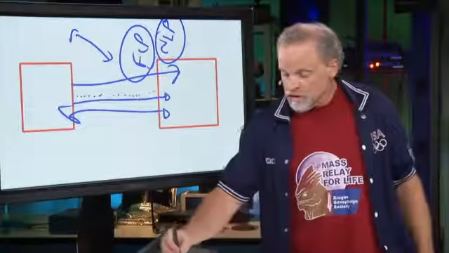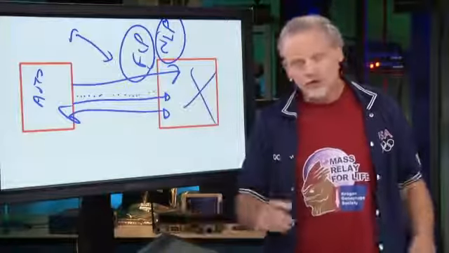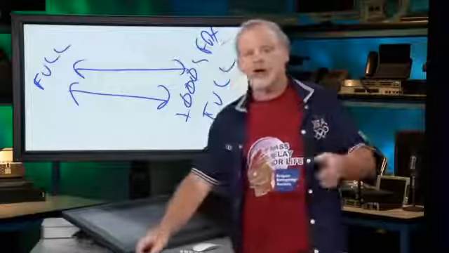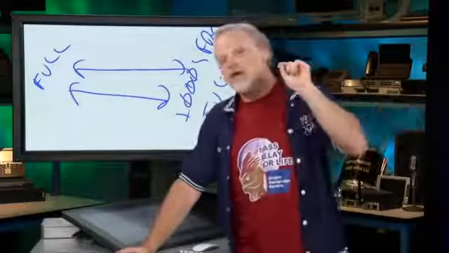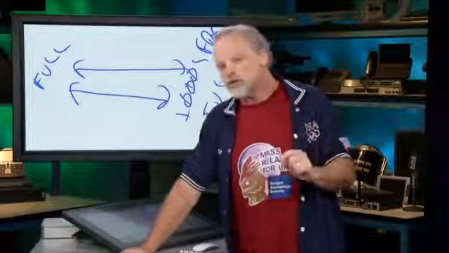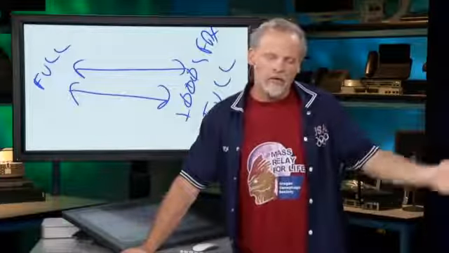If I've got auto at one end but not at the other, that's where you're going to start running into tons and tons of problems. So auto negotiation, good stuff. Highly recommended. It's the default setting, so it's not really that big of a deal. But if you find a lot of FCS errors, the first thing you should check is your duplex settings at each end, and rock with it from there.